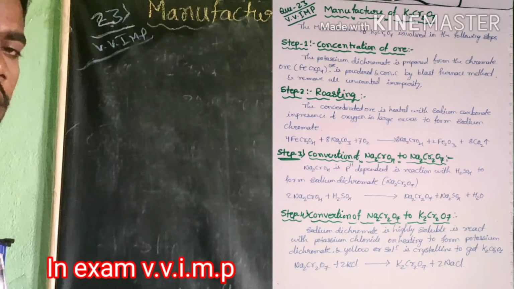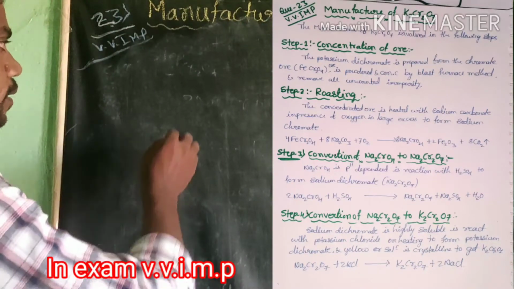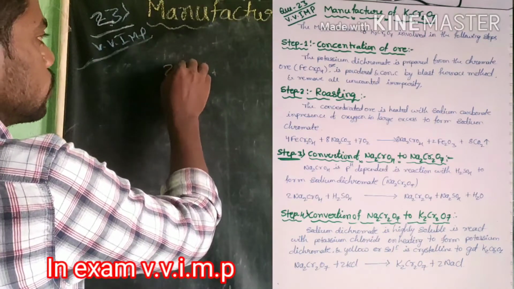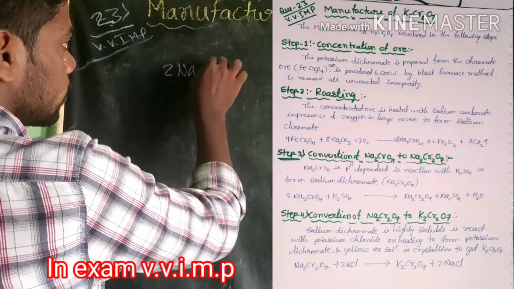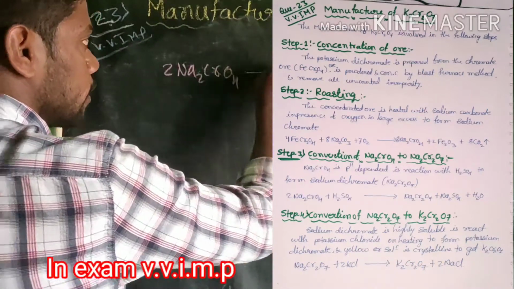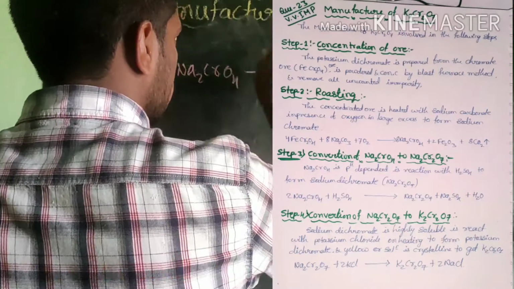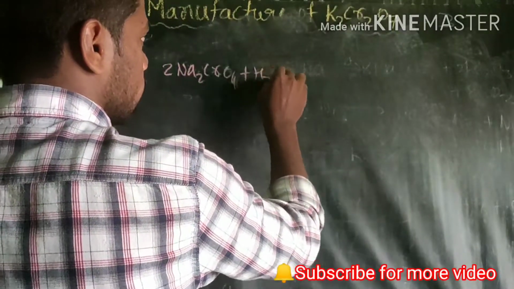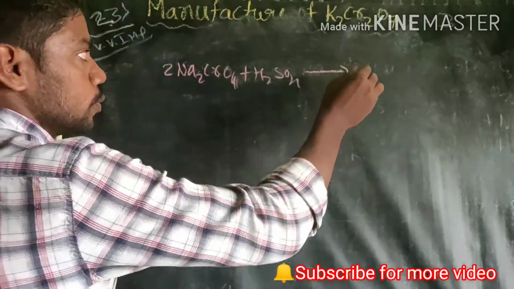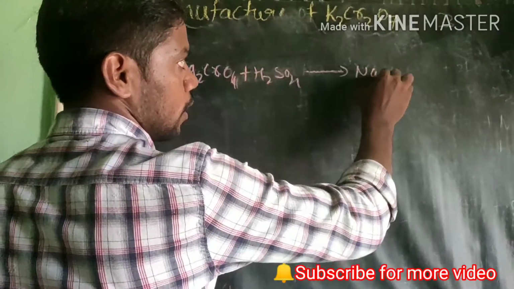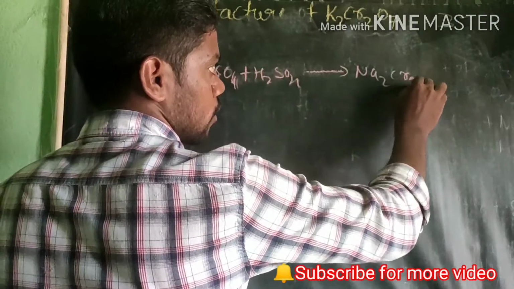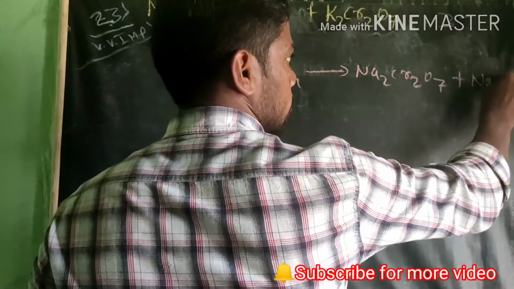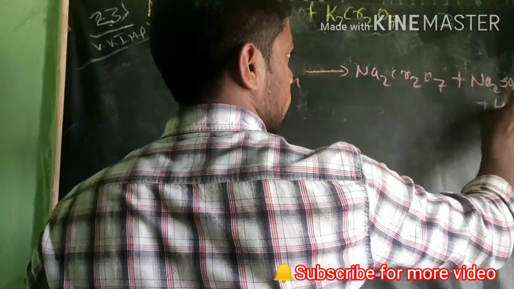You see here, I told you that the third step is very important. What is that third step? 2 Na2CrO4 reacts with H2SO4, and it gives rise to Na2Cr2O7 plus Na2SO4 plus H2O.